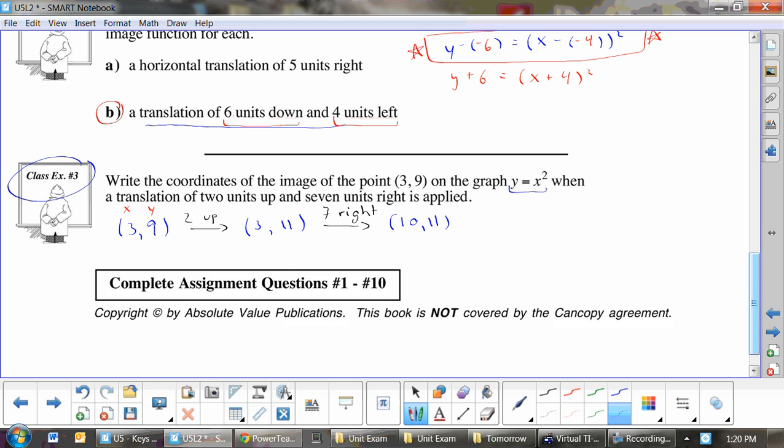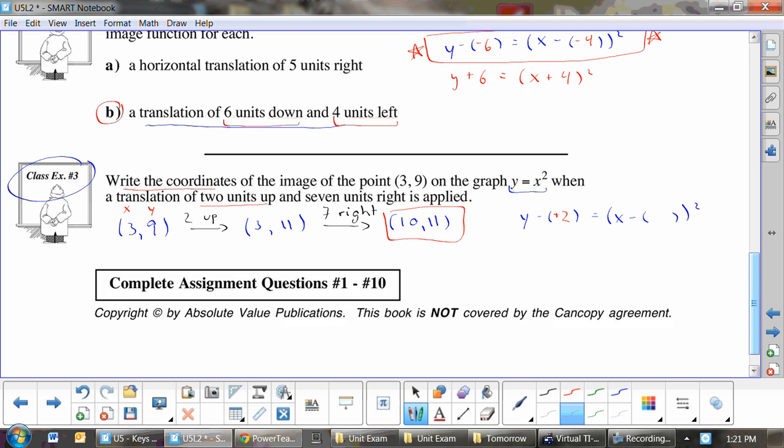So this is the same as if I said, oh, I need you to move that desk 3 feet up and 2 feet to the left or something. In this question, all they're asking for is for you to write the coordinates, so this would be enough. But as a bonus, what would the equation be? So we start with y minus and x minus something. For 2 units up, what should we have on our y side?